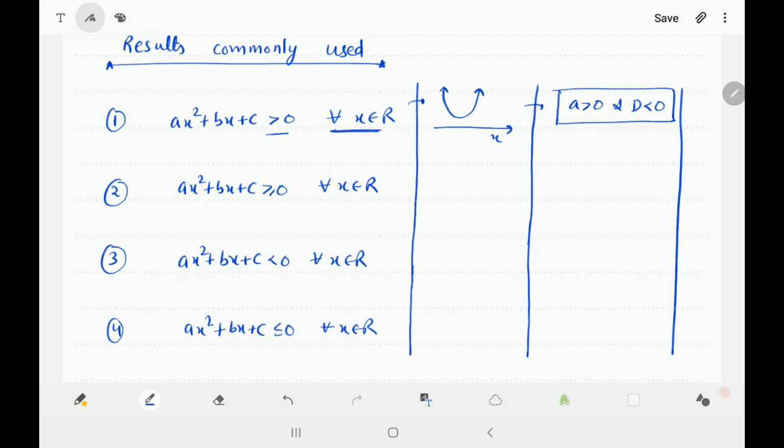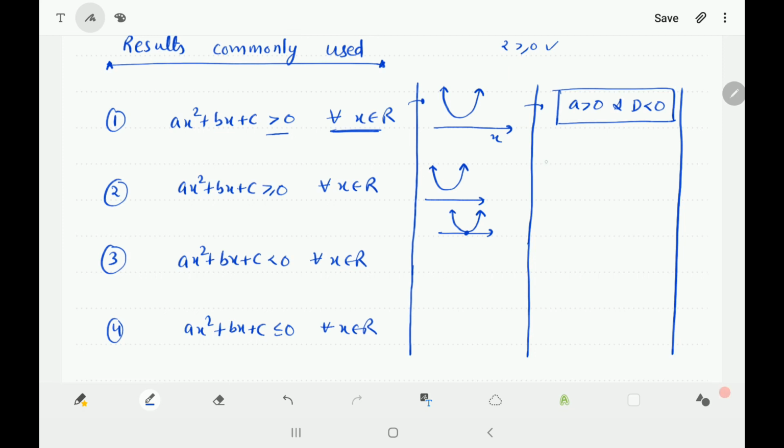Moving on to the second condition, ax square plus bx plus c is greater than or equal to 0 for all x belongs to R. What this means is that if we have this kind of parabola which is above x-axis, this will satisfy this inequality because the values are positive. So if I write, say, 2 is greater than or equal to 0, this is a correct statement. Also, this will satisfy when the parabola is touching the x-axis.